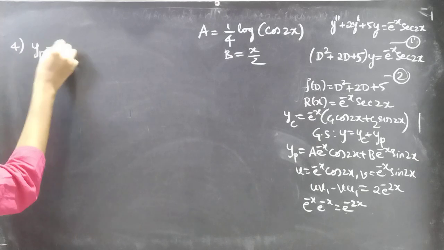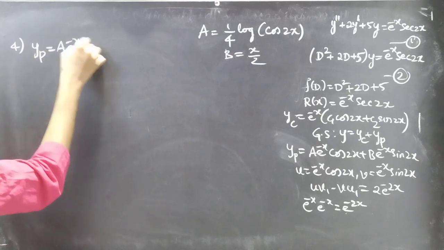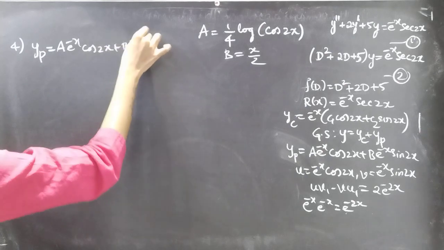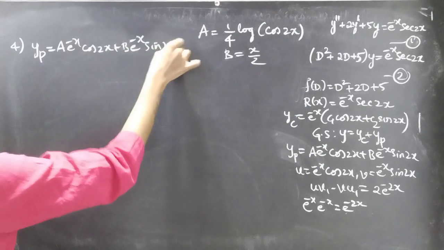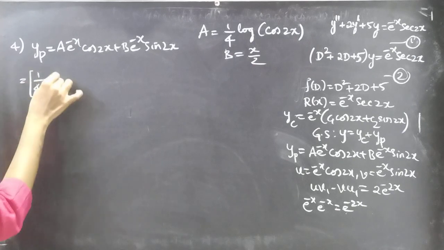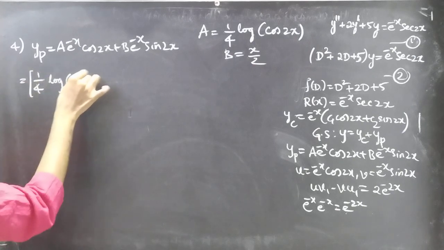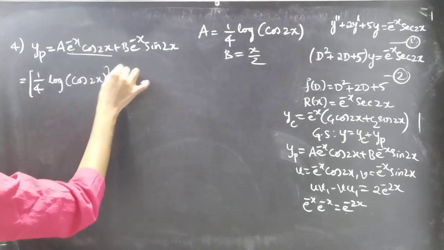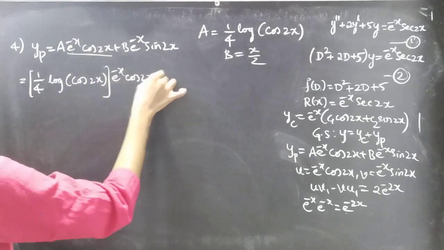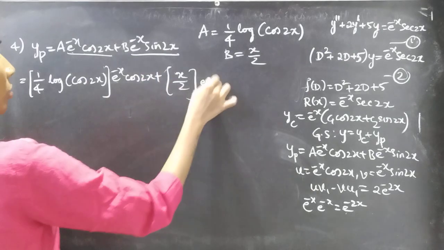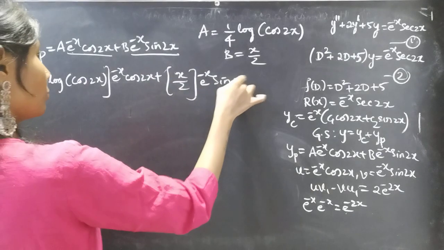Yp is given by A e power minus x cos 2x plus B e power minus x sin 2x, right? Now substitute A and B, where A is 1 by 4 log of cos 2x into e power minus x cos 2x, plus B, x by 2, into e power minus x sin 2x, right?